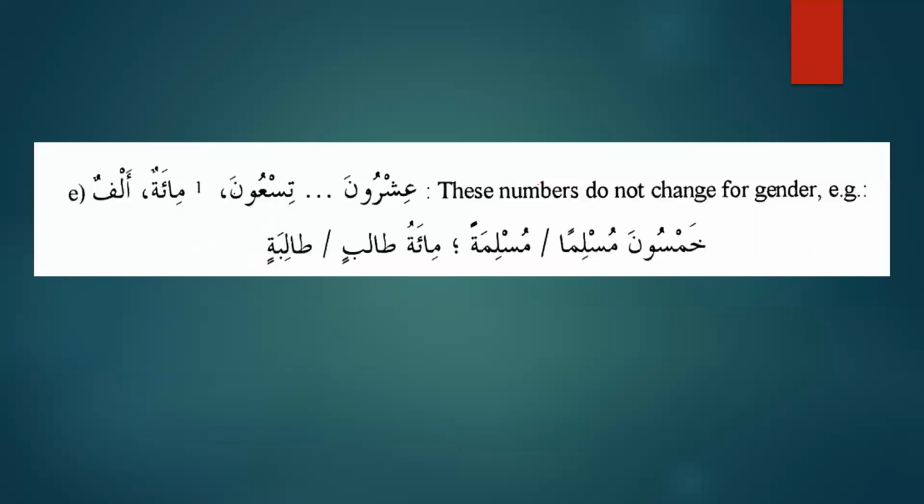Now we have decades. This is group number 5, decades. What are decades? We have the tens, for example 20, 30, 40, 50, up to 90. The numbers 20 to 90, that is 30, 40, 50, 60, 70, 80, and 90, are on the pattern of the masculine plural, on the sound of una.